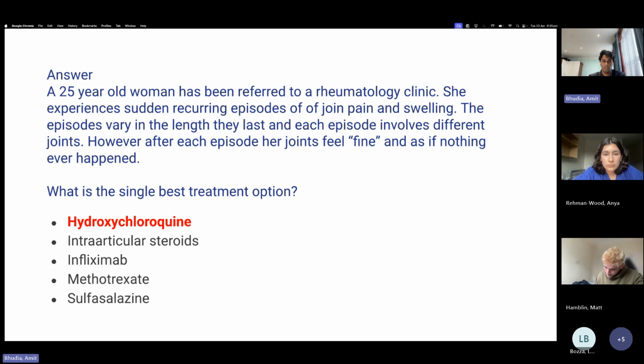This is palindromic rheumatoid arthritis, where you get these episodes with the symptoms of rheumatoid arthritis, the joint swellings and joint pain, but then the symptoms resolve and you're absolutely fine, but then they come on and off. And the NICE recommended first-line treatment for this is hydroxychloroquine. And I think that's just a fact to remember.